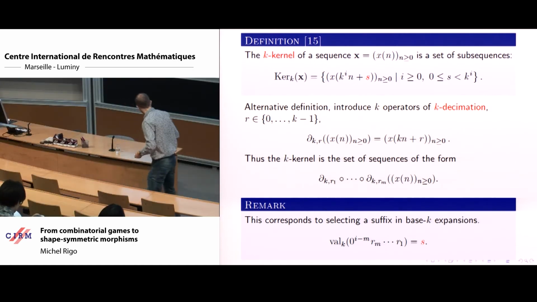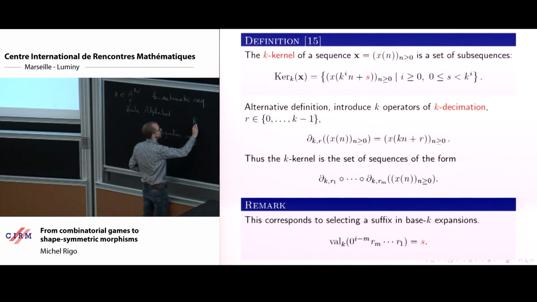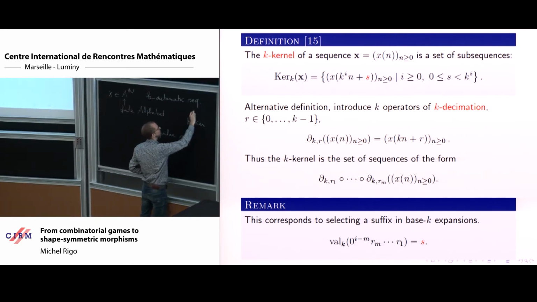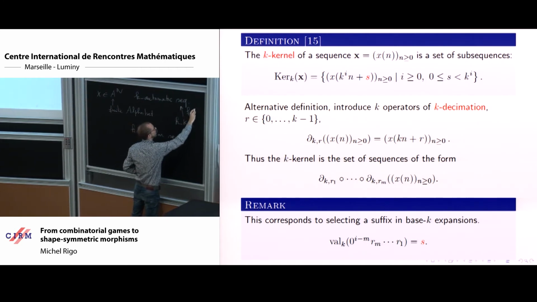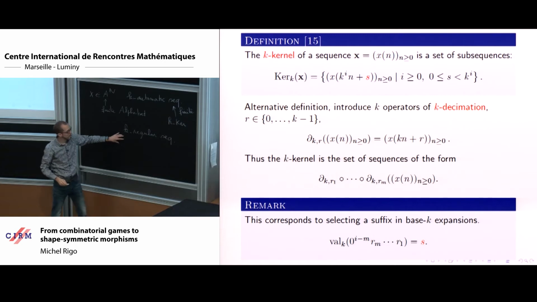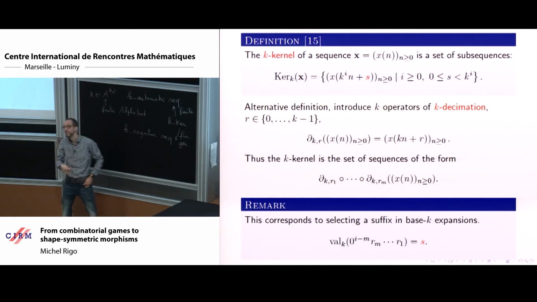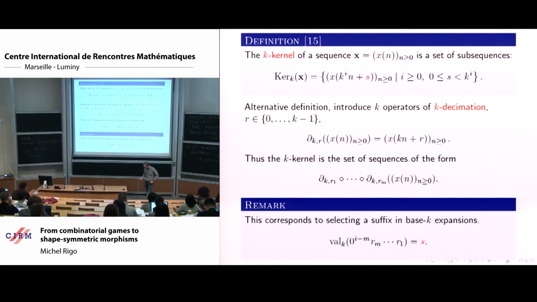In this case, when you have a k-automatic sequence, the k-kernel is finite. When you move to a k-regular sequence, the k-kernel will not be finite, but finitely generated. These are the two main differences.